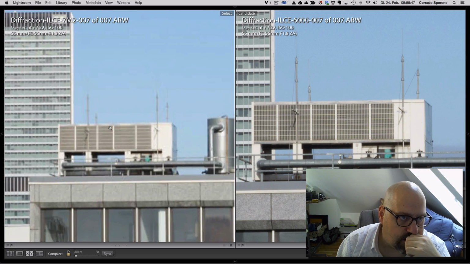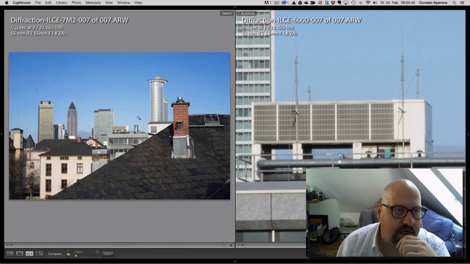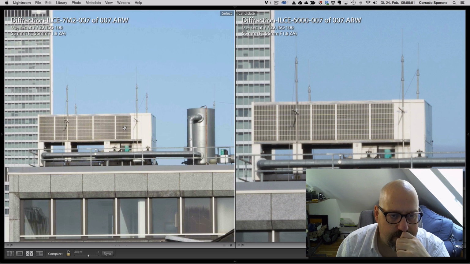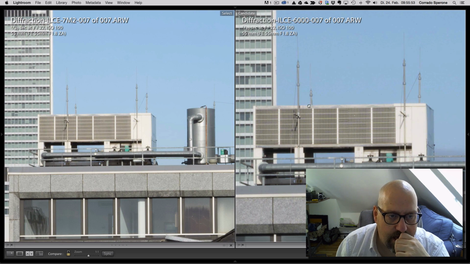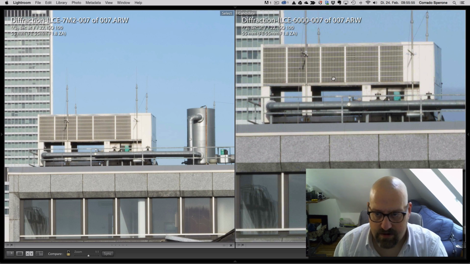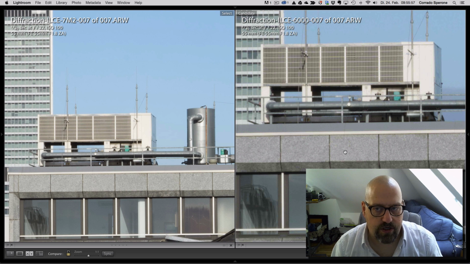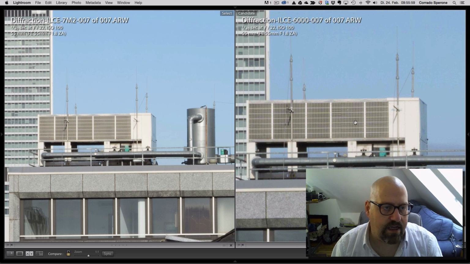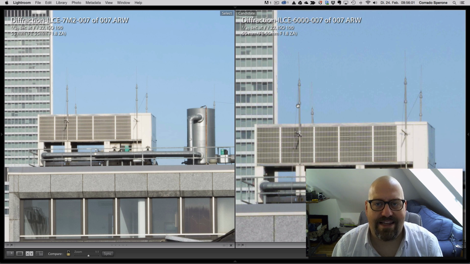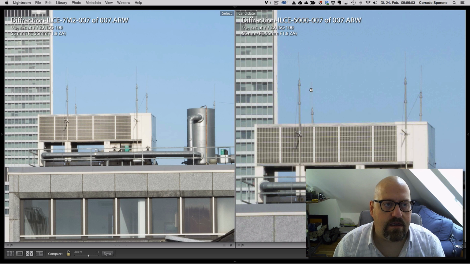Okay, I just realized I will have to clean up my sensor on the A7. But if you look at the structure down here on the stone, and even the grates here and the antennas, it's definitely the effect, the diffraction effect, is substantially stronger on the smaller sensor with the higher pixel density.